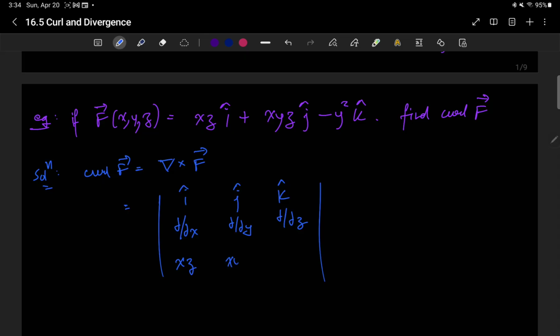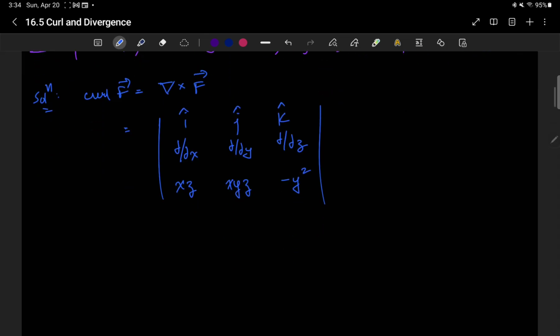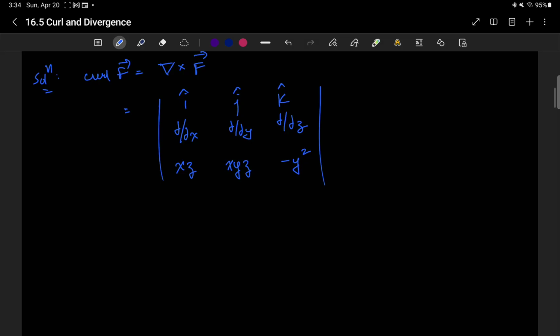You have xz, you have xyz, and you have negative y squared. Once you're done with that, you will have to compute a bunch of these partials, right? So first, let's see, what do we have for I cap? For I cap, we have del over del y of negative y squared minus del over del z of xyz.